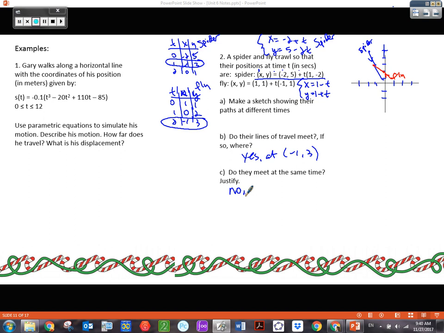So the spider is there at t equals 1. The fly is there at t equals 2. So they don't actually meet, their paths just cross. Okay? How is that?